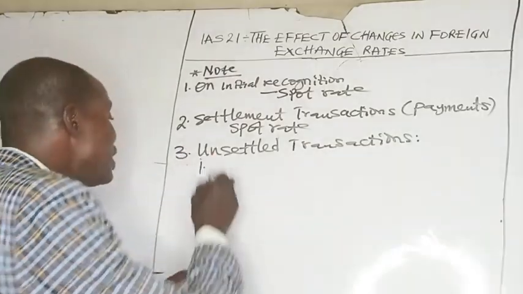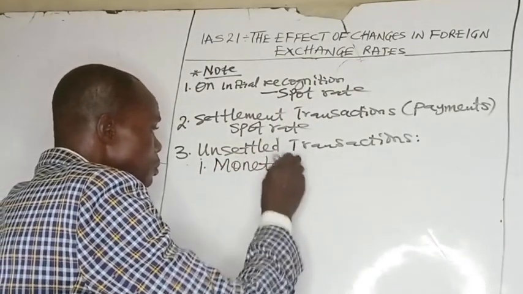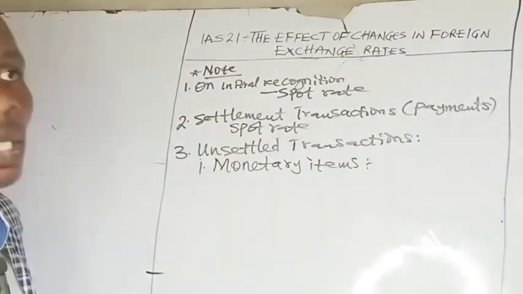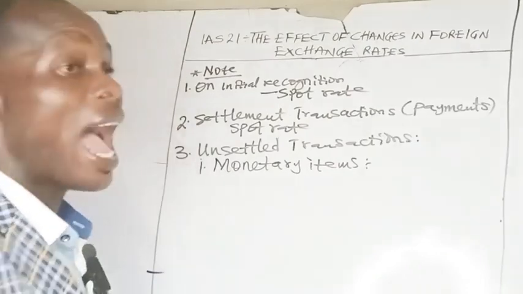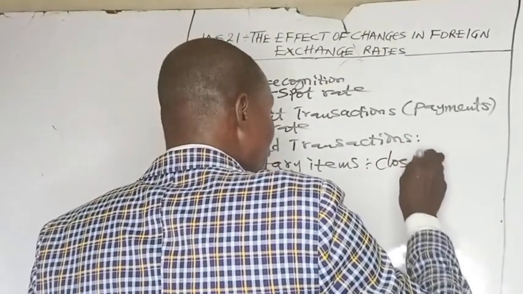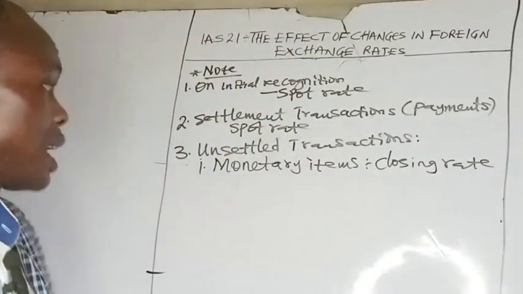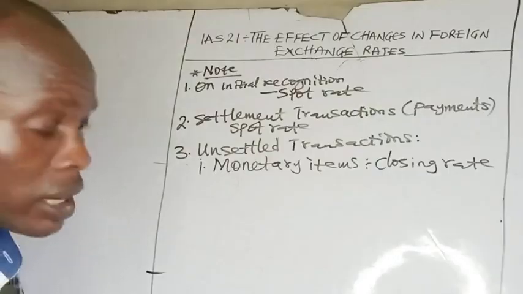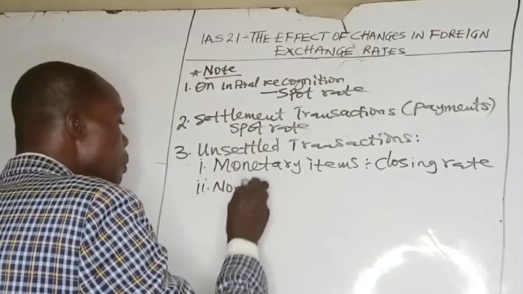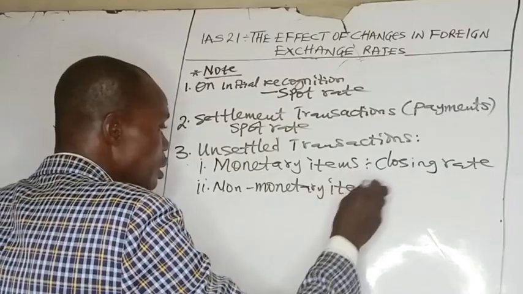Number 1, we have monetary items. I'll explain what monetary items mean. Monetary items are retranslated at the closing rate. I've equally explained what closing rate means. Number 2, non-monetary items.